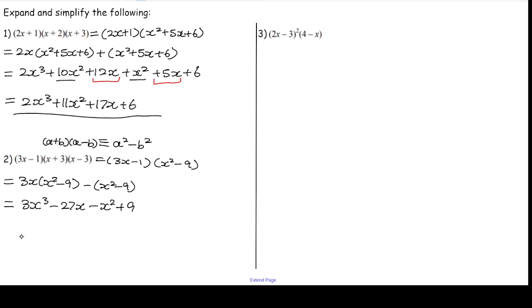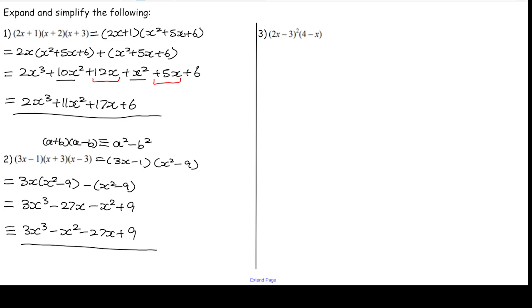Do we have like terms? No, we don't. So we leave it as it is. Or you can simply write this in descending orders of x, and that becomes 3x cubed minus x squared minus 27x plus 9.